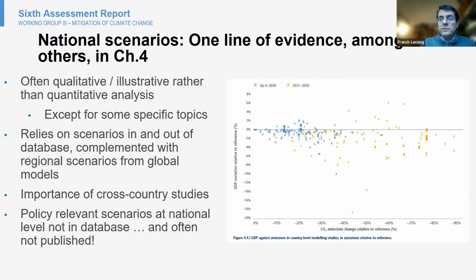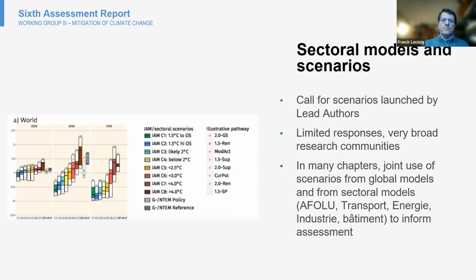For instance, in France, the French national mitigation strategy has never been published. So it's material that is not in the database, yet it is the most policy-relevant scenario in the country. And there are others that have been in the public debate that are not being discussed, and that gap is really an issue for the relevance of the assessment.